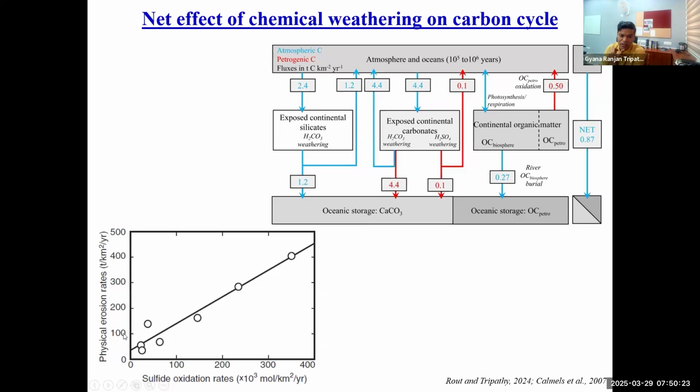So in a basin where the physical erosion is much higher, there may be a higher sulfide oxidation rate, and hence it may supply a lot of CO2, unlike transport limited basins, which serve as a net sink for CO2. This is one of the examples that we quantified for one of the Indian rivers, where we showed the transport limited basin. If you are studying the lower reaches, they act as a sink because the physical erosion is low in this region.